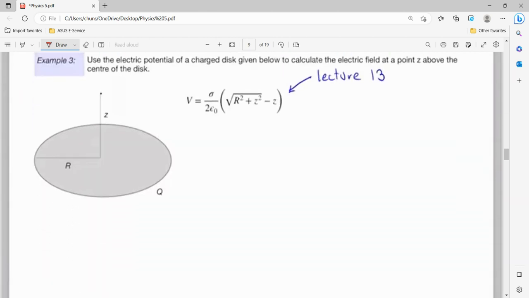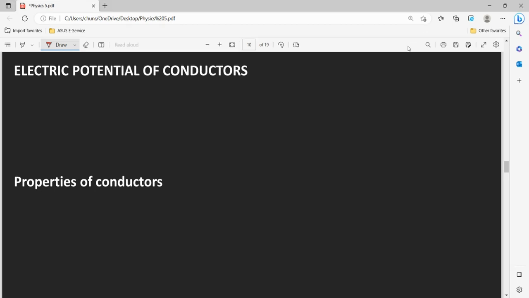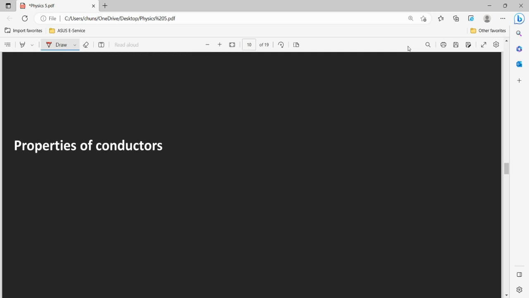Okay, in our third example, now we're going to talk about electric potential of conductors. So some important things to note about conductors, this should be a review for you, is that they allow electrons to flow freely.